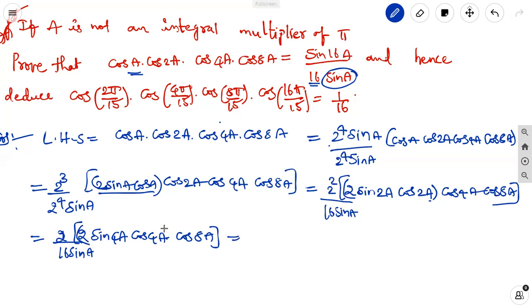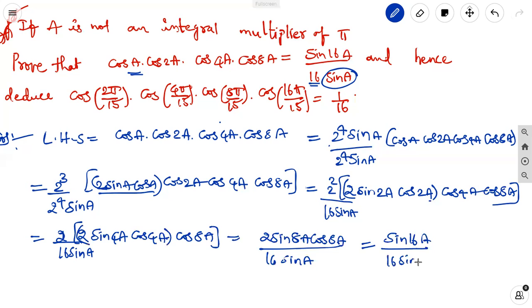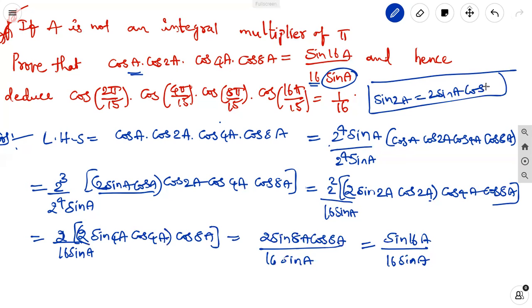Again 2 sin 4A cos 4A becomes sin 8A cos 8A by 16 sin A. It is equal to sin 16A by 16 sin A. Here we take the formula sin 2A is equal to 2 sin A cos A.